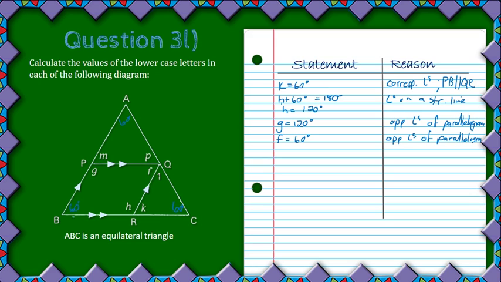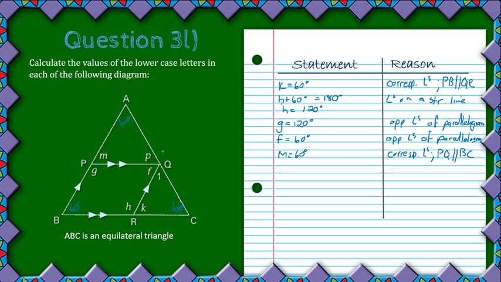So M will then be equal to 60, corresponding angles. And the lines that are parallel are PQ being parallel to BC.